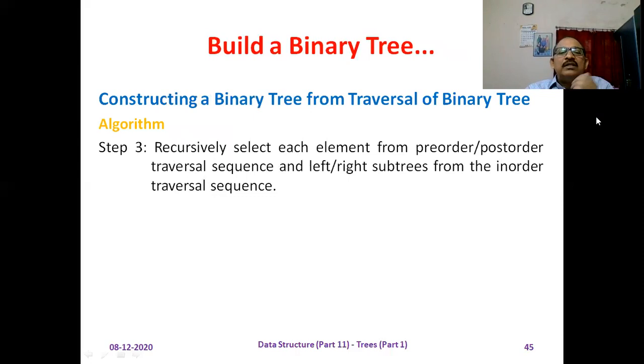Step three, recursively select each element from the pre-order or post-order traversal sequence and the left or right subtree from the in-order traversal sequence. Keeping these three steps in mind, we can construct a binary tree from given traversal sequences. One of the traversal sequences must be in-order, and the other may be pre-order or post-order.